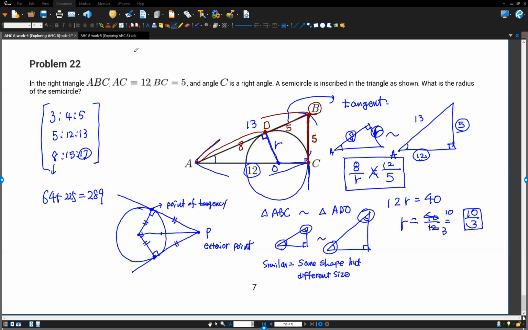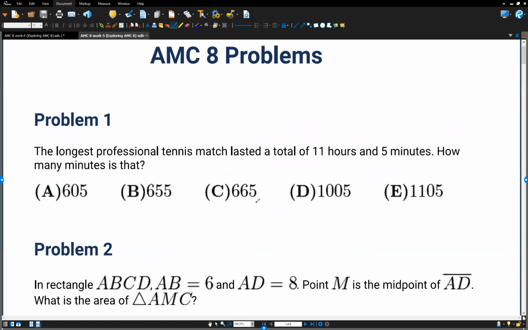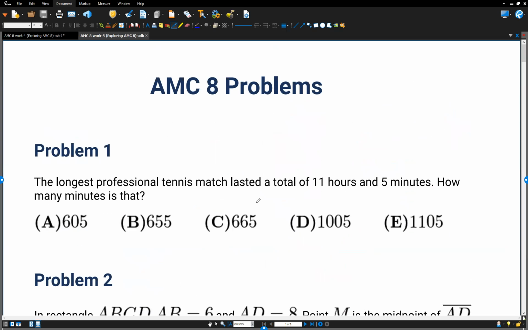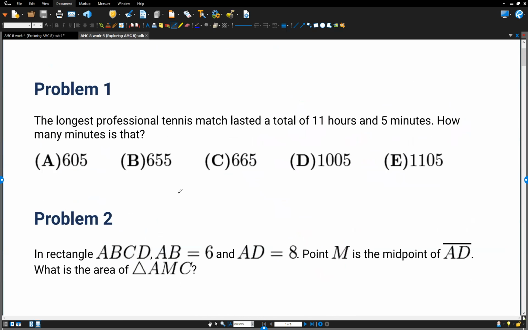All right. Now we're going to go back to new work. Easiest one first. Sometimes I told you already, this looks maybe hard, but I don't want you to feel like that.